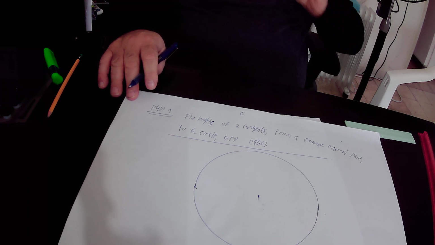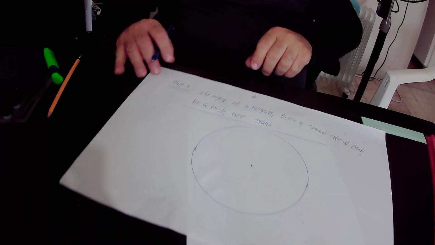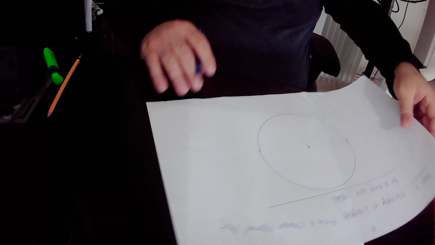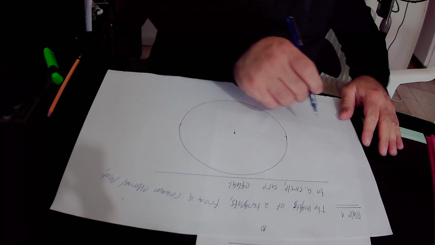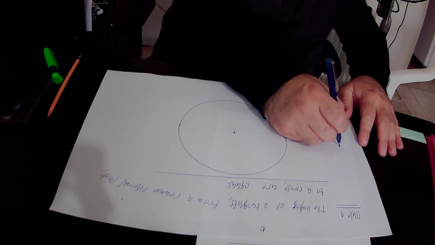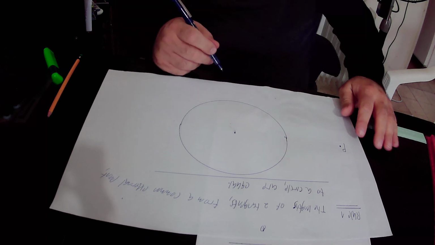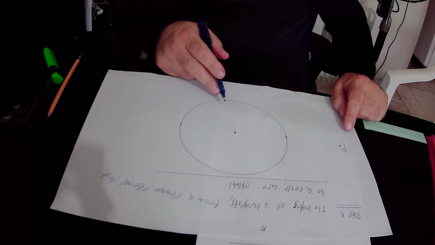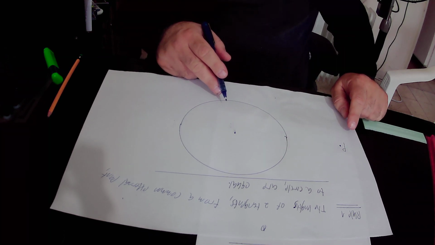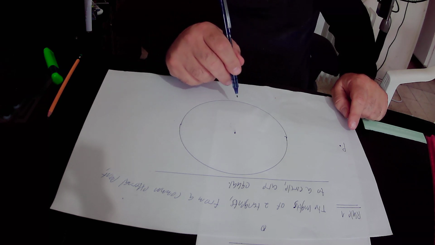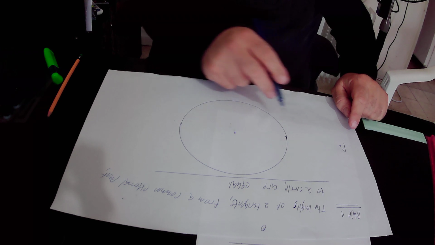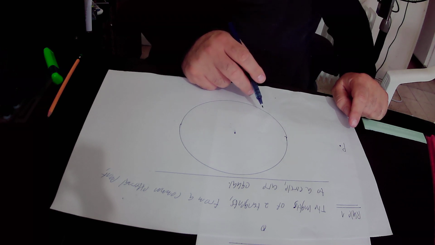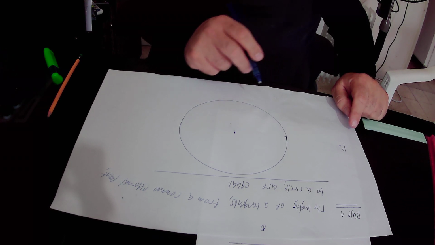So what is the meaning of rule number 1? The meaning of rule number 1 is that if we have this point P, it is an external point in relation to this circle because point P is not located inside this circle nor on this circle, but it is located outside of this circle. Therefore point P is an external point of this circle.